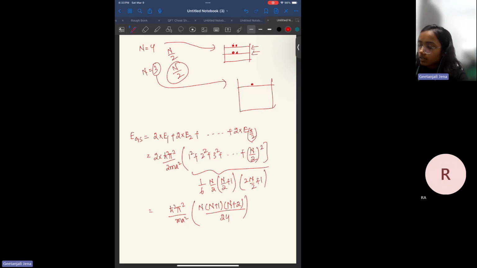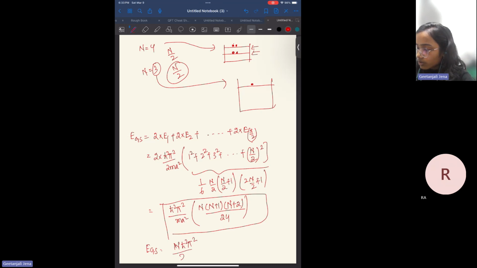So now you are saying for fermions the ground state energy is this, but when you have bosons, the ground state energy is different, which is nothing but n h square pi square by 2m L square. So if you have different kinds of particles, then the ground state energy will be different. If you have bosons, then you can put all the particles in the same energy state.